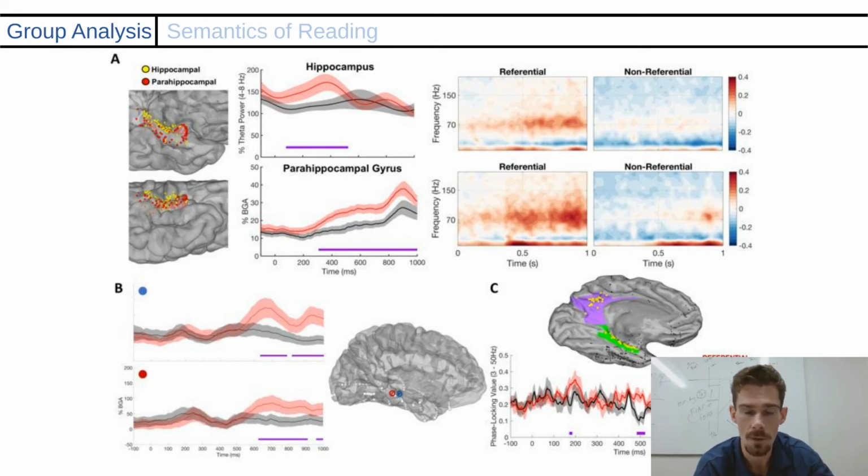There was a significant dropout in connectivity during the meaningless sentences. So the effect seems to be present not simply in the local responses in these discrete regions of interest, but it also seems to be reflected in the interareal communication between the regions that we've identified as being sensitive to these aspects of higher order linguistic meaning.